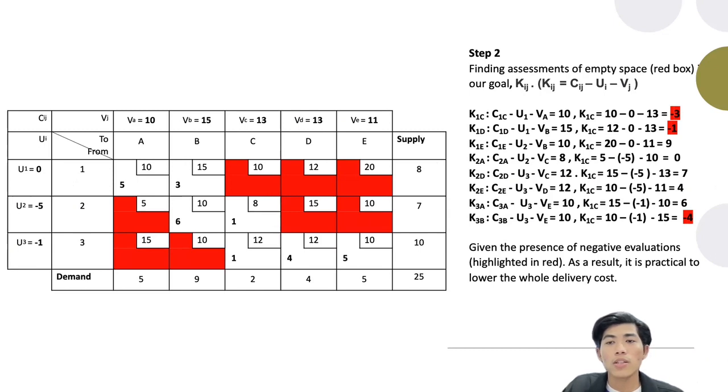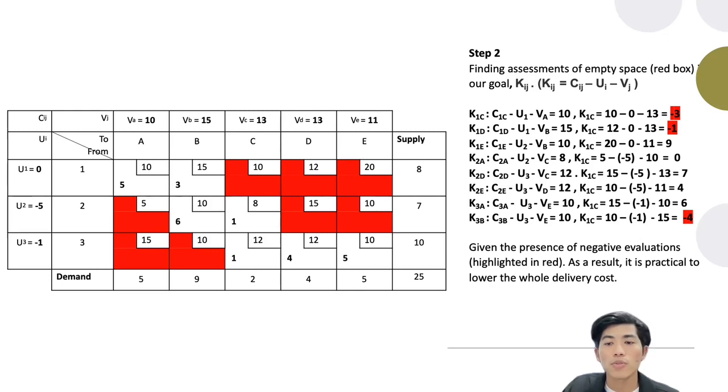Next is finding the assessment of empty spaces in the red box. This is the formula. We want to find the missing numbers in the red box.